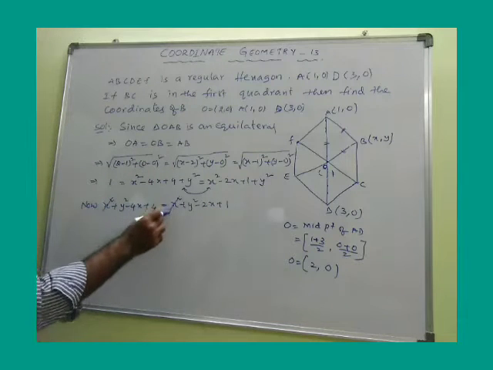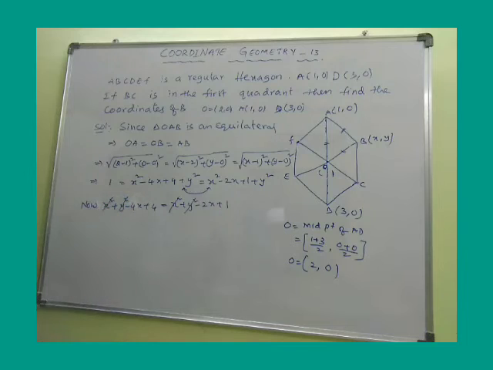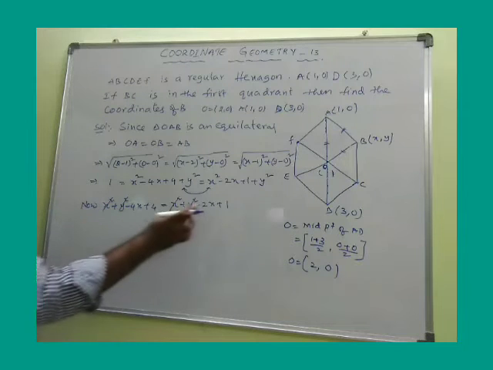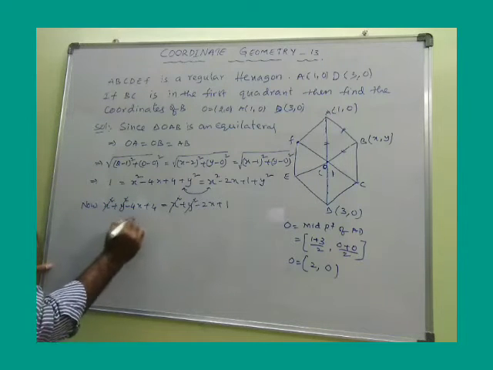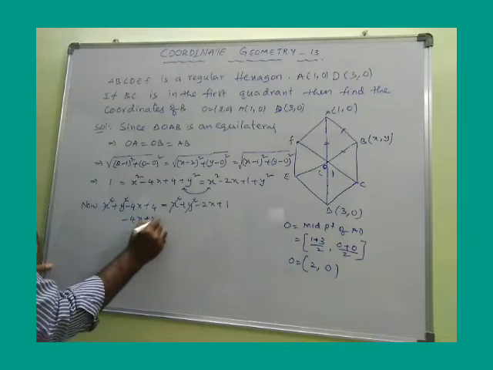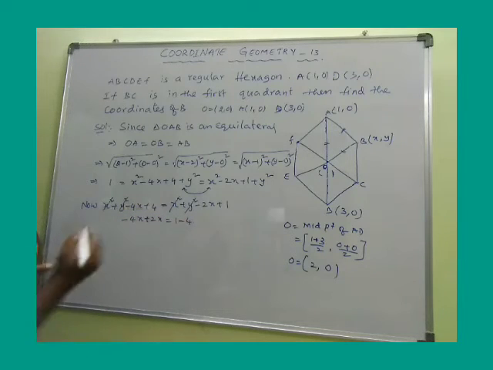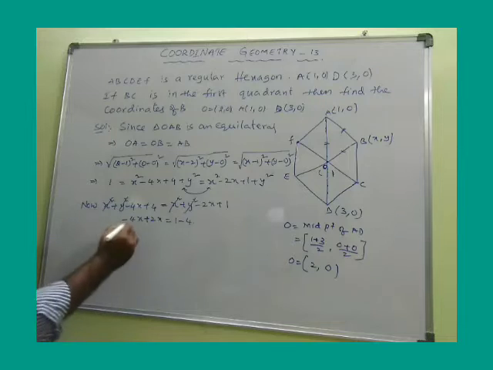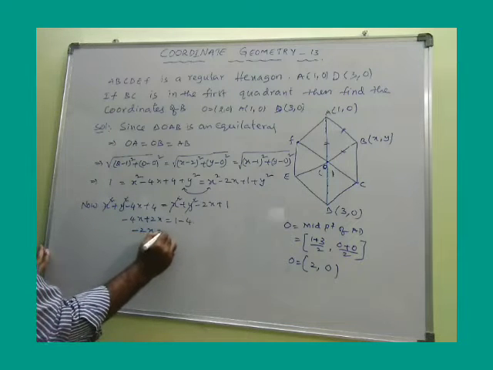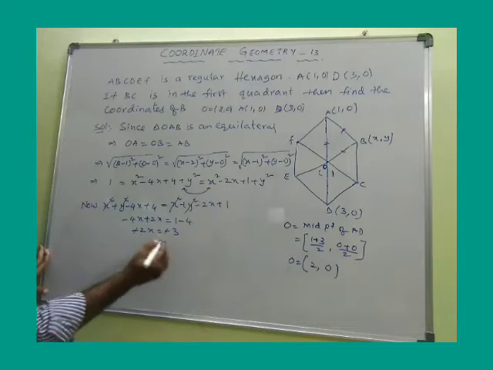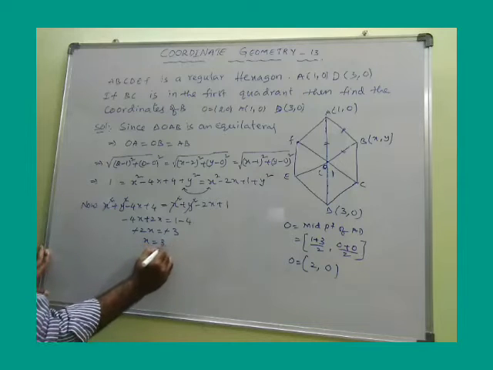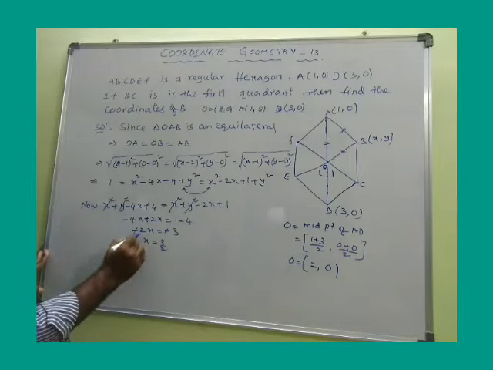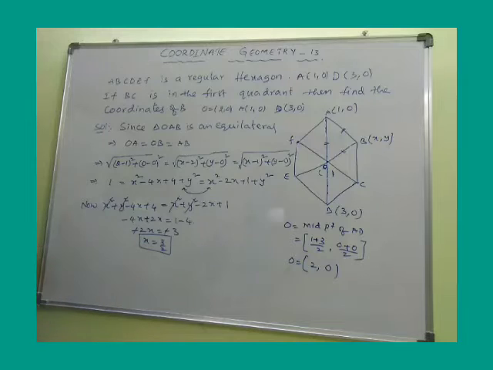Now x square cancels, y square also cancels. Now minus 4x plus 2x is equal to 1 minus 4. So minus 2x is equal to minus 3, minus cancels, hence x is equal to 3 by 2. The x value is 3 by 2.